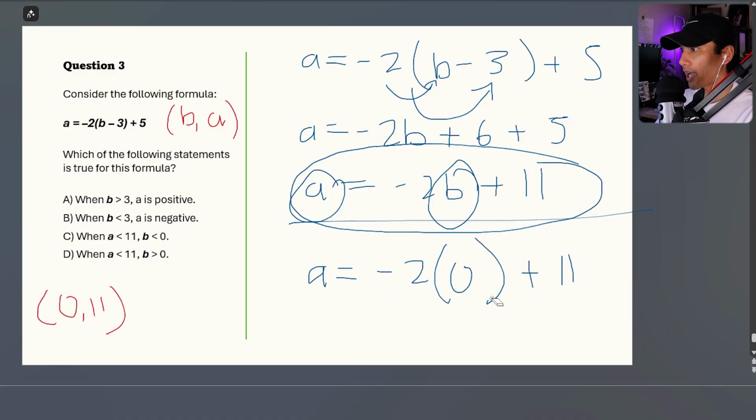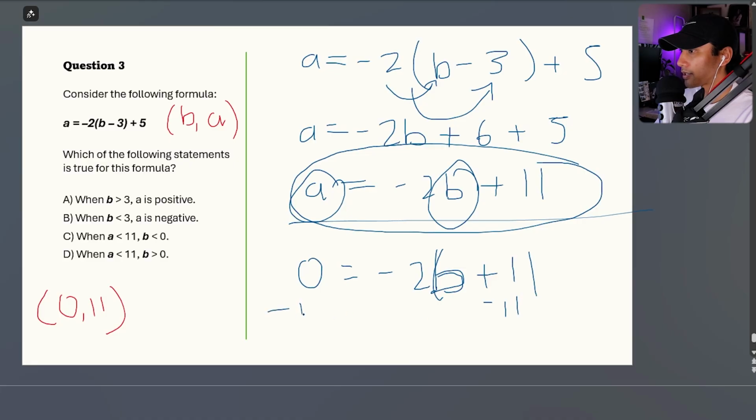Now we want our b intercept, which is like our x intercept, and that is when a equals 0. So 0 equals negative 2b plus 11. We're going to minus 11 from both sides: negative 11 equals negative 2b.